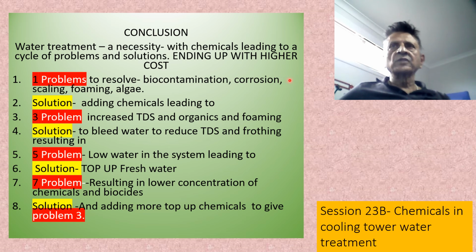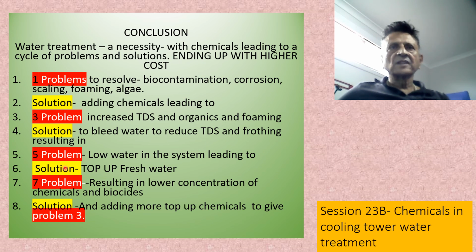But with chemicals, you have a cycle of concentration, a cycle of problems and solutions, ending up with a higher cost. The problems resolved are contaminations, corrosion, scaling, and algae. The solution, adding chemicals, leads to increased TDS, organics, and foaming. That will require you to bleed the water to remove or reduce the TDS.